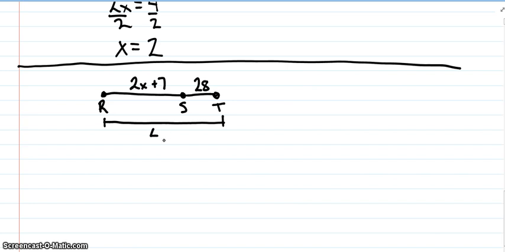We use something called the segment addition postulate, where we know that the distance of RS plus ST, which are two different segments, will equal RT. So that's the segment addition postulate. So we're going to use that and just plug in.